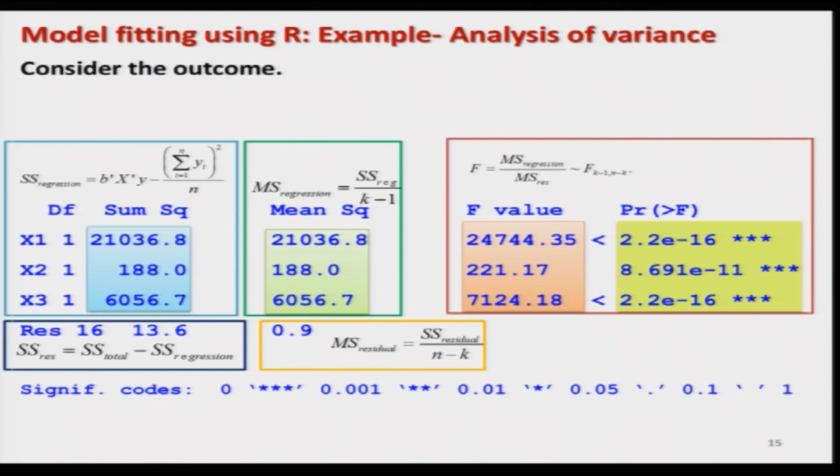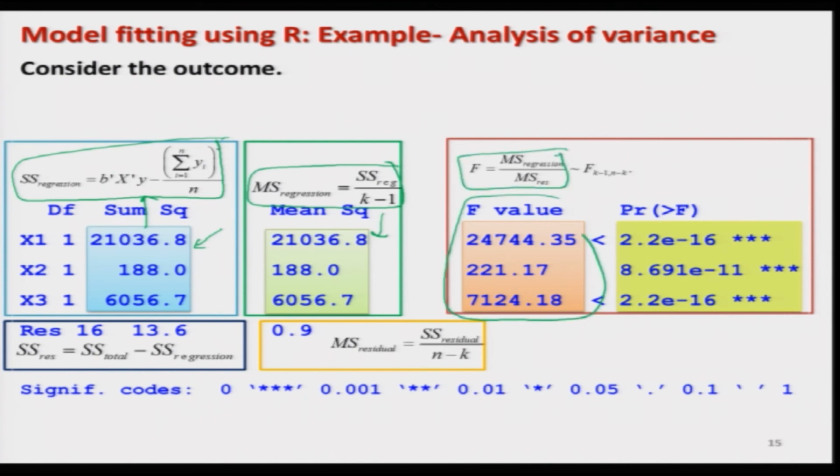If you look at the first column, the sum of squares, which I have highlighted in blue, all these values are obtained using this formula for the sum of squares due to regression. Similarly, the mean square due to regression in the second column is obtained by this expression, and finally the F value is obtained using this expression.